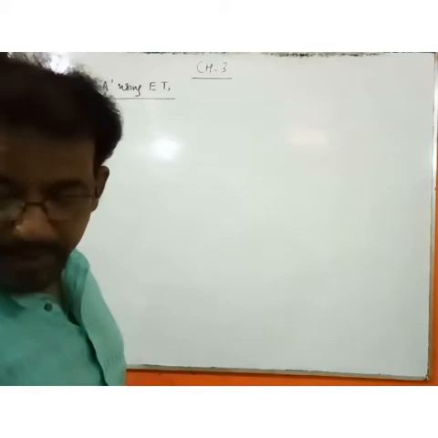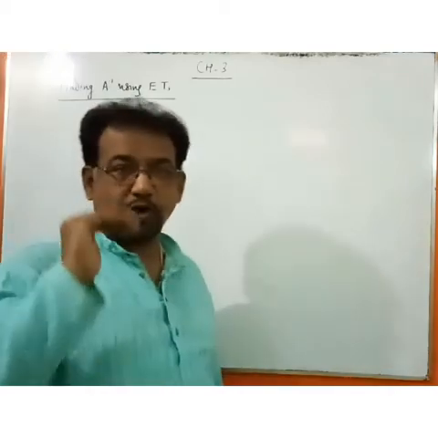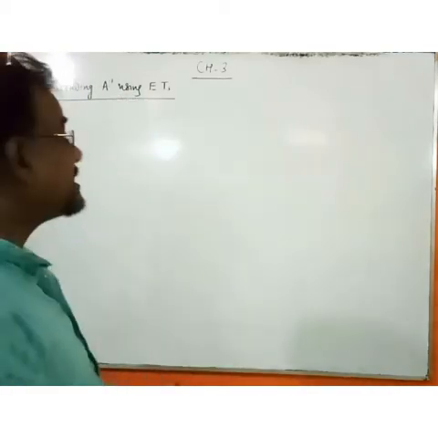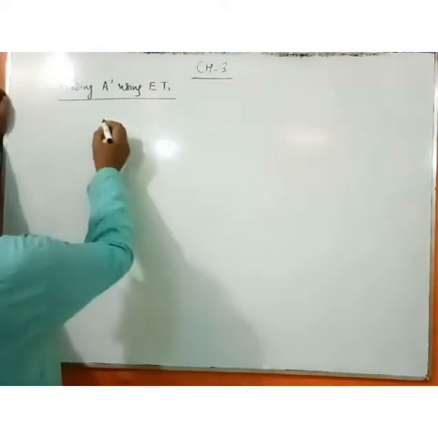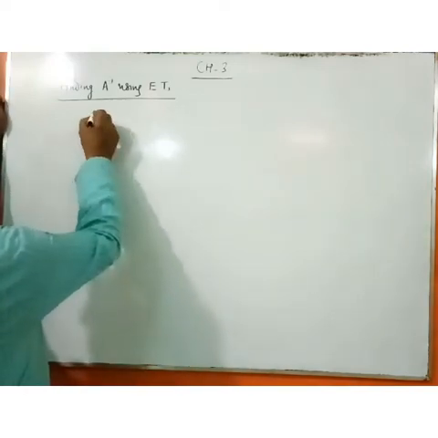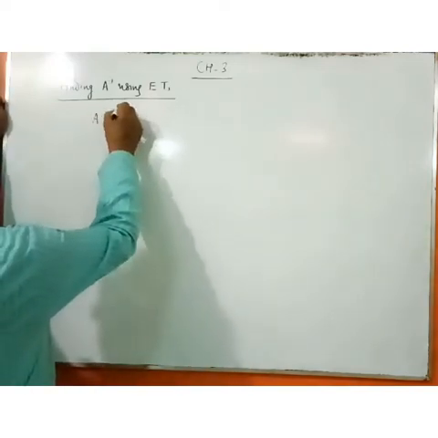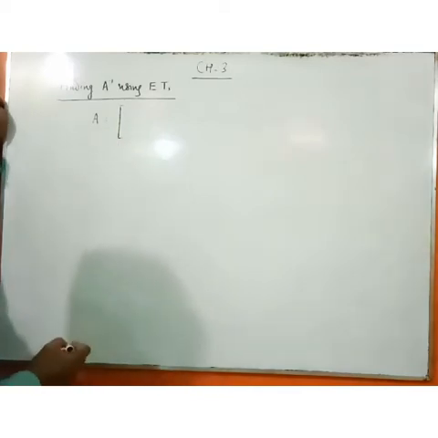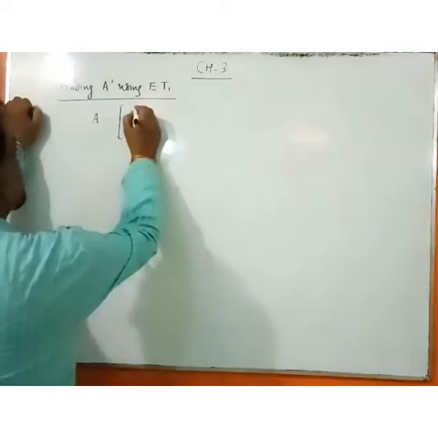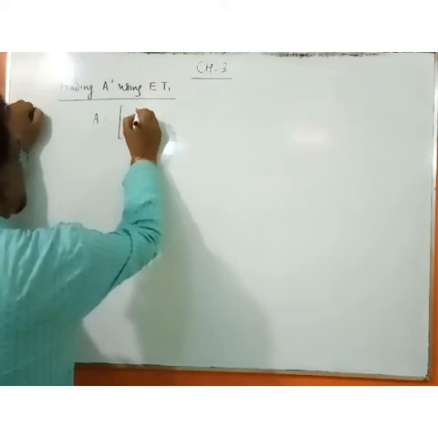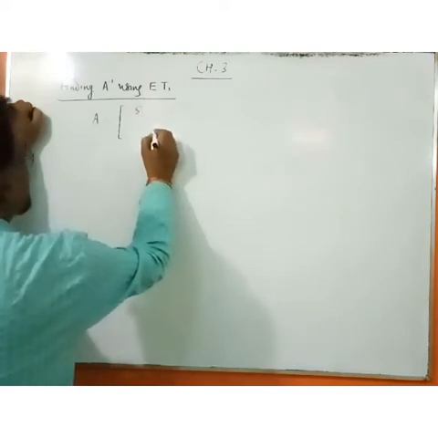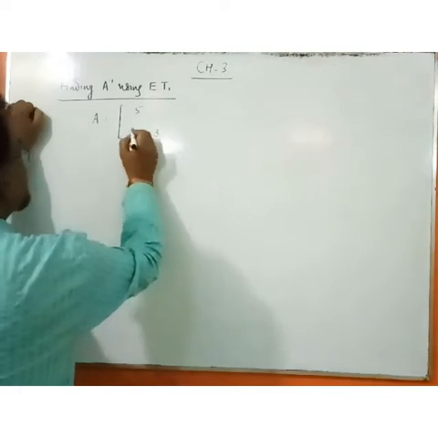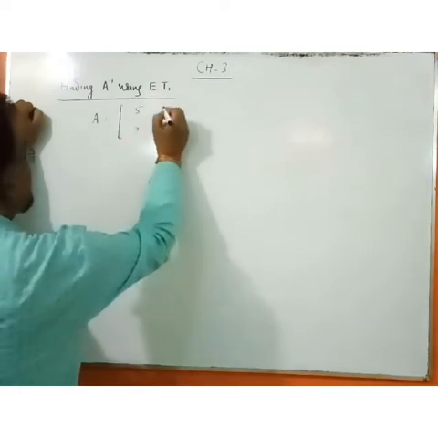If we apply these operations to columns, it will be termed as elementary column operations. So suppose a matrix is given, A is equal to [3 7; 2 5].